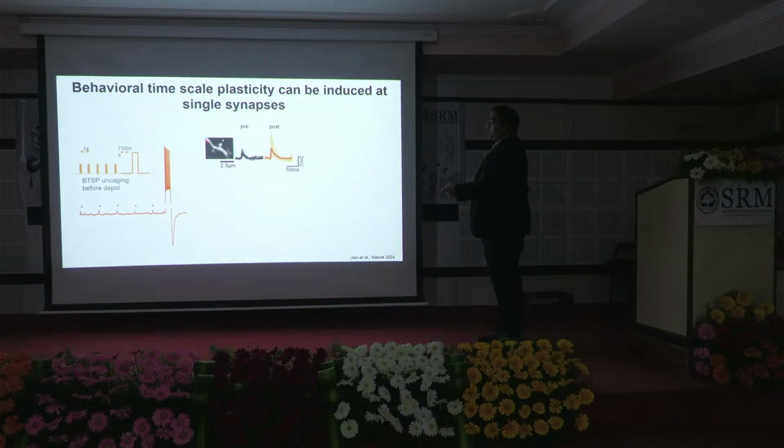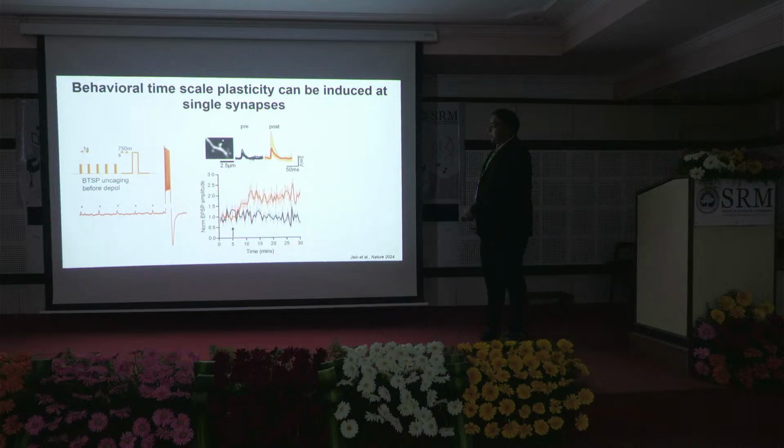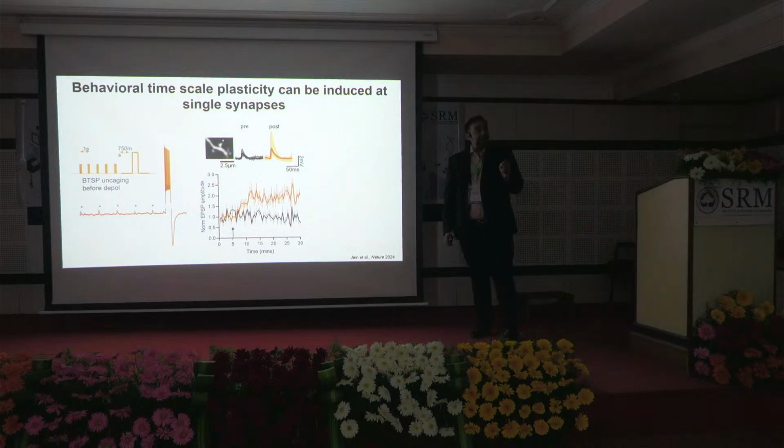So what I'm doing here is I'm recording from this synapse and I'm inducing plasticity in this synapse, and you can see that as compared to the precondition, the post showed much larger increase in amplitude. And this is what the normalized EPSP amplitude looks like, where you see only in the spines where we stimulated, we saw an increase in the amplitude overall. And in the spines in which we did not induce BTSP, there was no change. So this is a synapse-specific event.